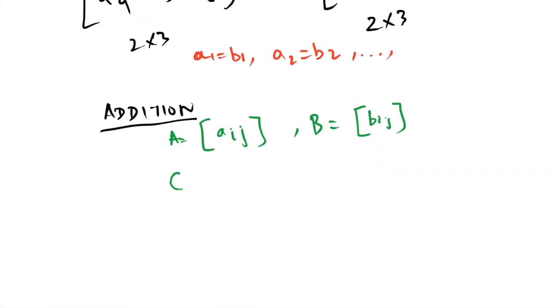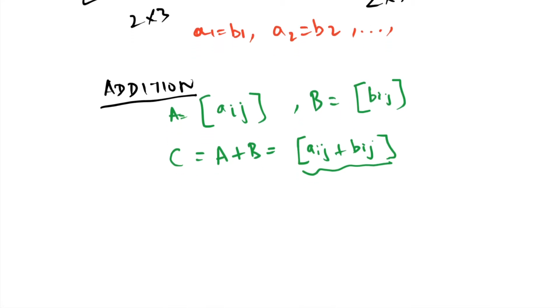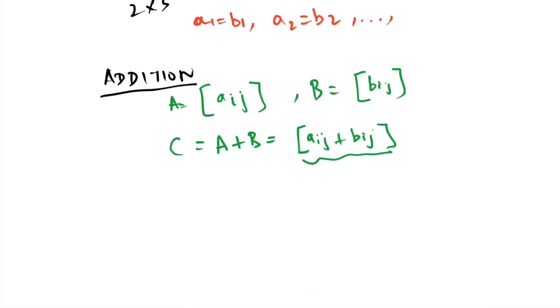Then the matrix C, the sum of A plus B, will be denoted by Aij plus Bij. Essentially, this funny looking statement is telling us that the element at the ith row and jth column of C is the sum of the ith row and jth column elements of A and B.